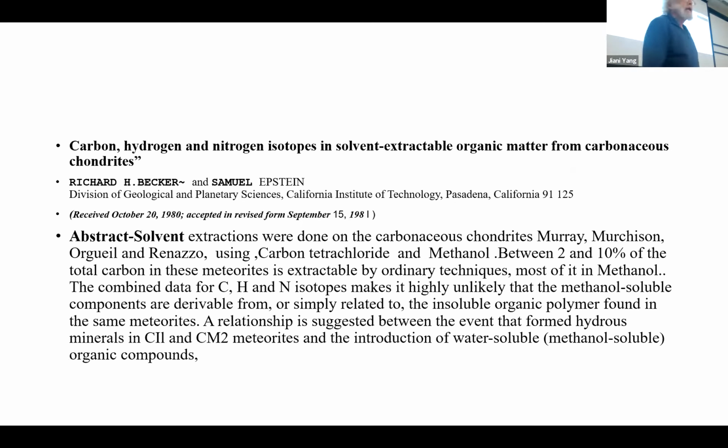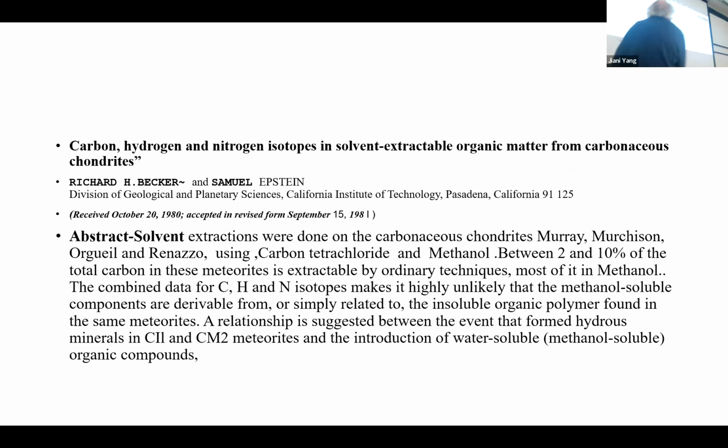Okay. Now here's the point which turned me on to this thing really strongly. Carbon, hydrogen, and nitrogen isotopes in solvent extractable organic matter from carbonaceous chondrites, here at Caltech by Becker and Epstein.